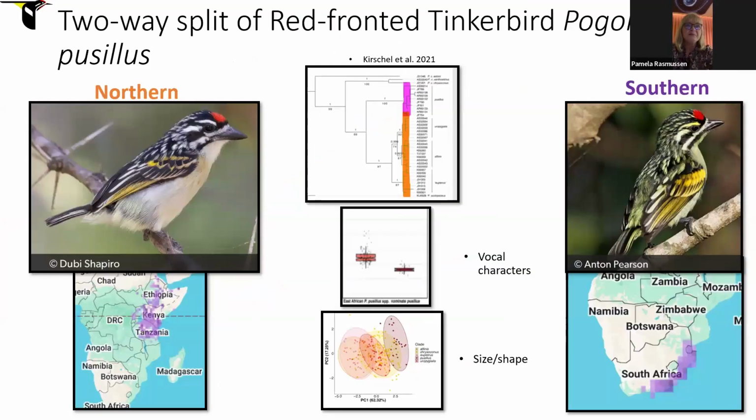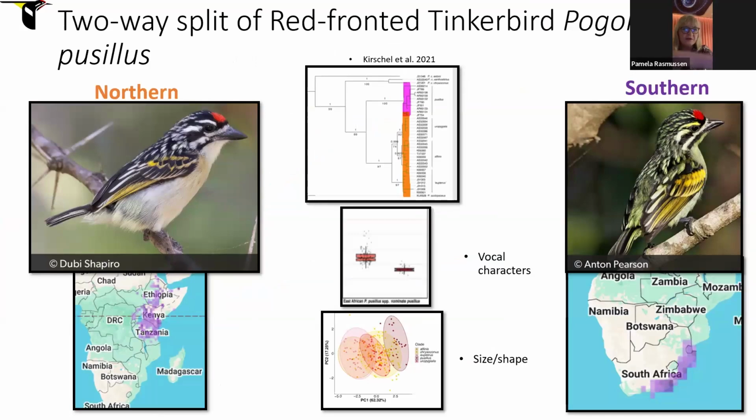All right. So moving to Africa now, one of the common, widespread, familiar birds that you hear all the time when you're in Africa is the red-fronted tinkerbird. Well, it turns out it's not one, but two taxa, because this phylogeny by Kirschel et al. shows that they're not that closely related.